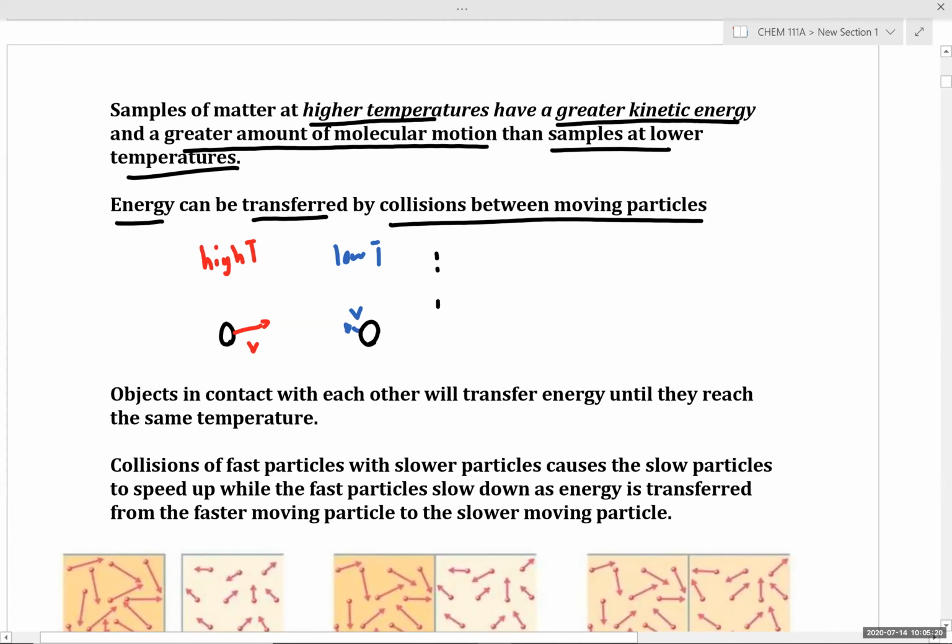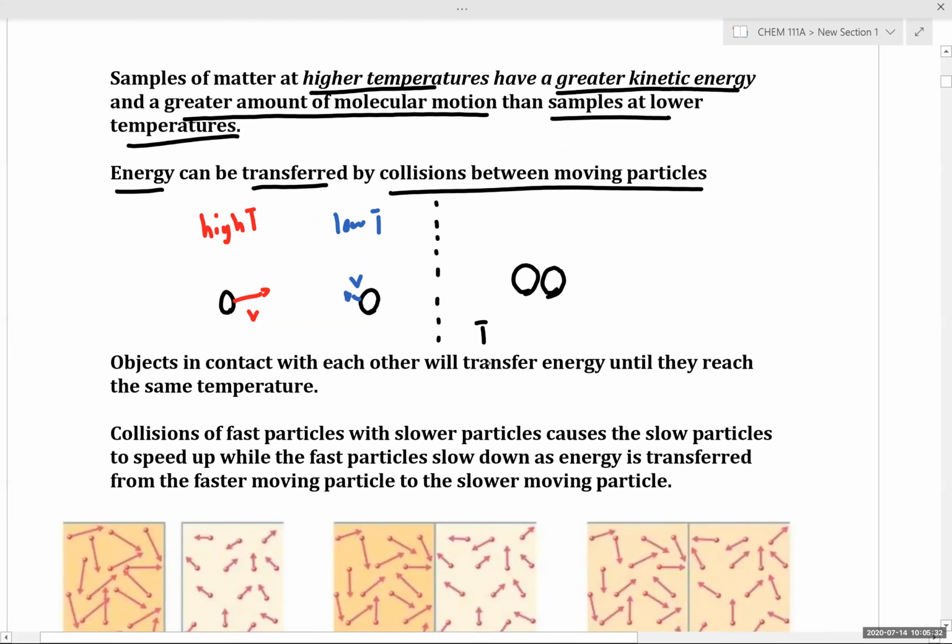so let's look at the next frame in this frame by frame analysis. The two particles will collide, and when that happens, there is a transfer of kinetic energy from the high kinetic energy to low kinetic energy particle.